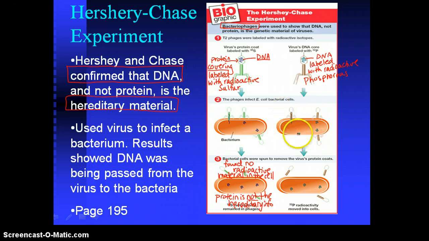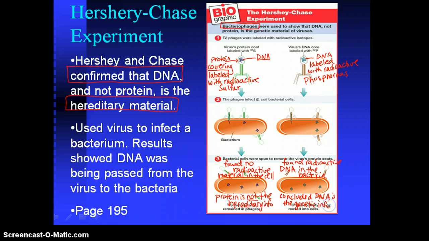They had it infect a bacterial cell, and what they found was the radioactive DNA in the bacteria. So this is when they concluded that DNA is the genetic information.